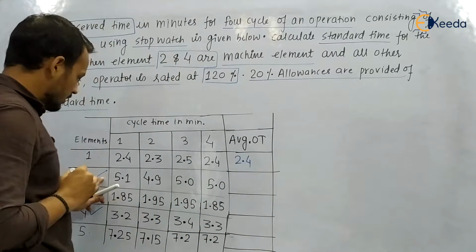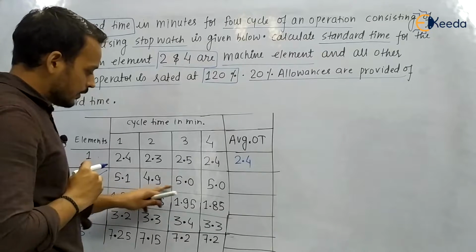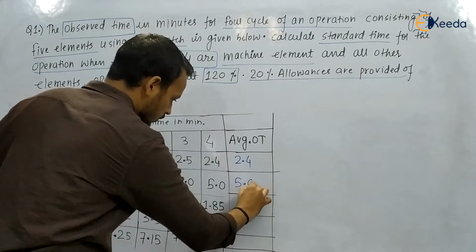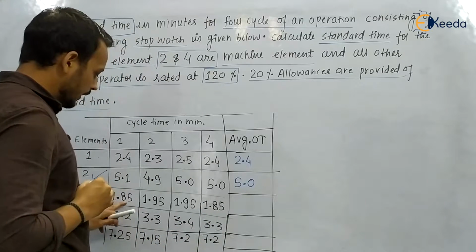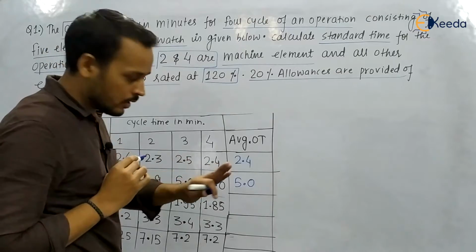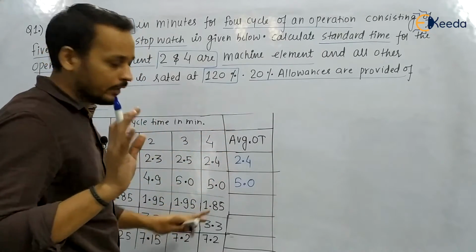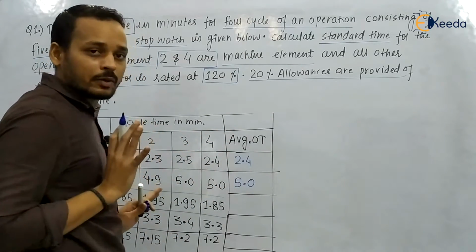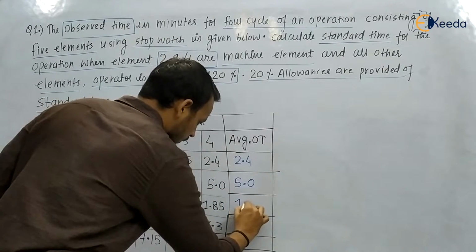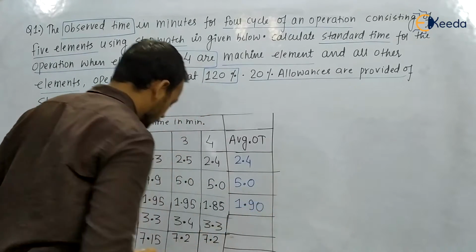Similarly for the second element you take the average of all the observed times: 1.85 plus 1.95 plus 1.95 plus 1.85 divided by 4. You have to find the observed time for each work element, that's why we are taking the average. So here it is 1.90.